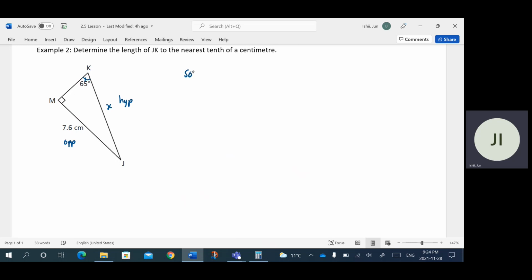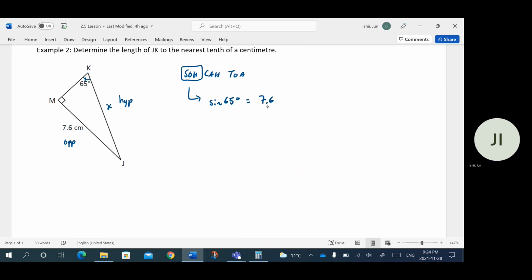So it looks like we're going to use sine again. I'm just going to write this all out, SOHCAHTOA. Since I'm using sine, because that's opposite over hypotenuse, the way I'm going to set this up is sine of 65 degrees is equal to the opposite over hypotenuse, so 7.6 over x.